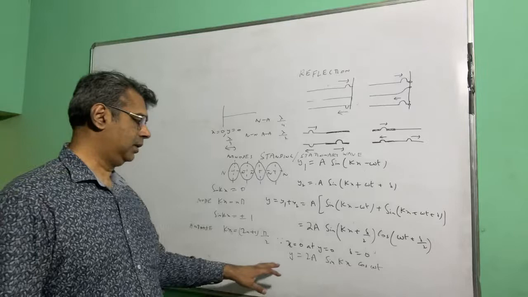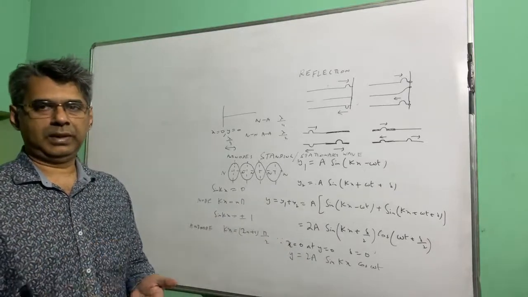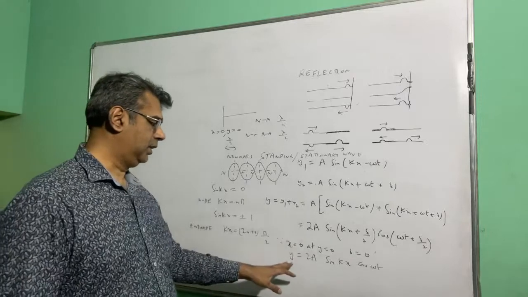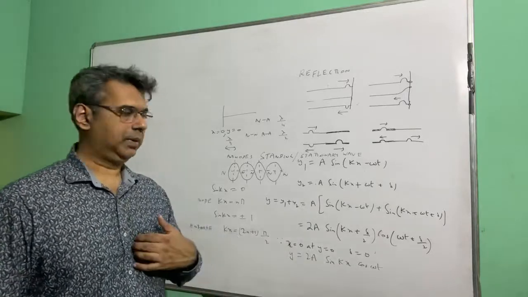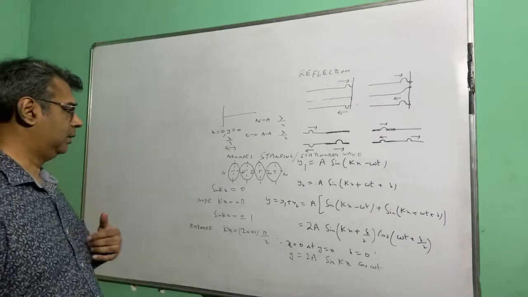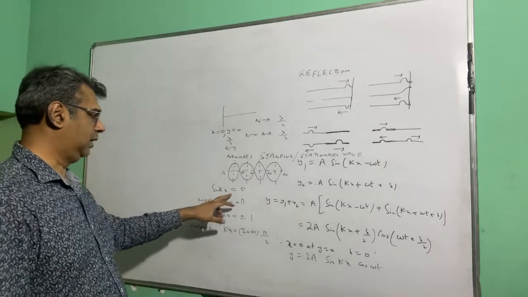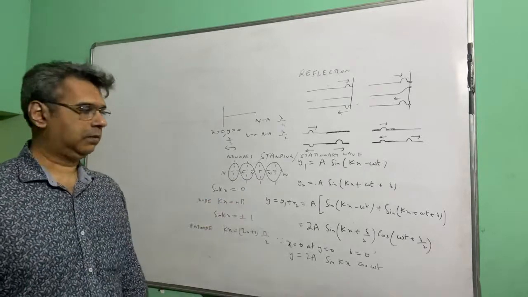So standing wave will give an impression that the wave is just flapping about a point, it is neither going right nor left. Standing wave equation is 2a sin kx cos omega t. In a standing wave, there are points of zero displacement, they are called nodes. So sin kx is 0, so kx is a multiple of pi.